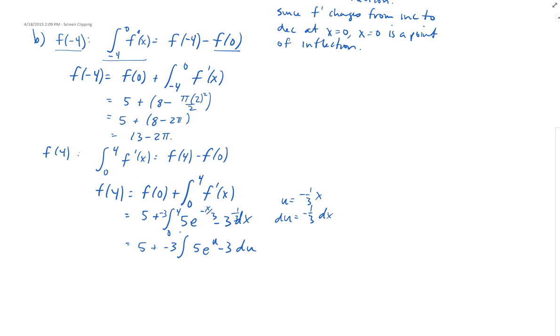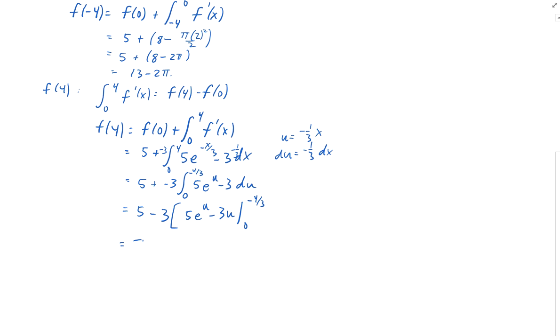Does that make sense? And I plug in 0. This is going to go from 0, plug in a 4 to negative 4/3. Okay, so then this becomes 5 minus 3, and I take the integral of this. That's going to be 5 e to the u minus 3u from 0 to negative 4/3. A little bit messy, but that's okay.